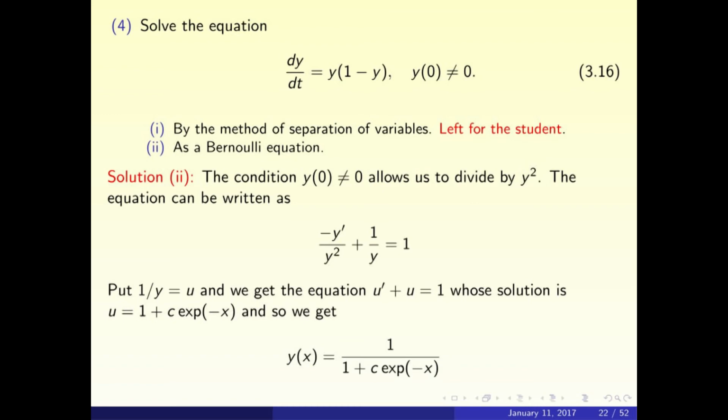You solve the linear equation and you get your u. What is it? u equal to 1 plus c e to the power minus x, and so you got your u, therefore you got your y. So you solved 3.16 as a Bernoulli equation. And I think you will agree with me that this is much easier than the method of separation of variables.